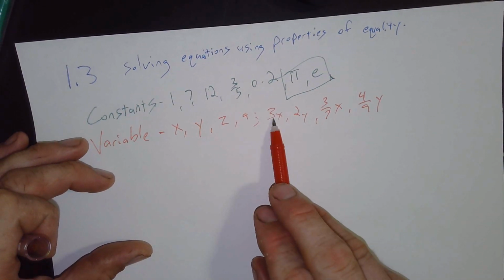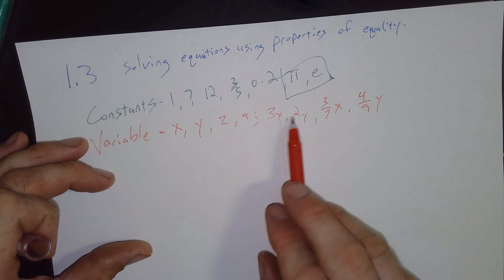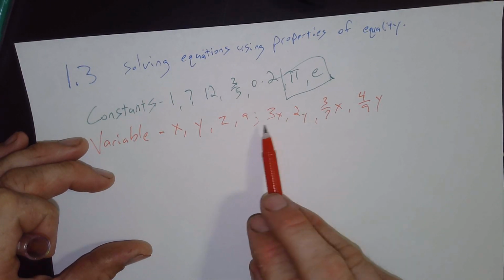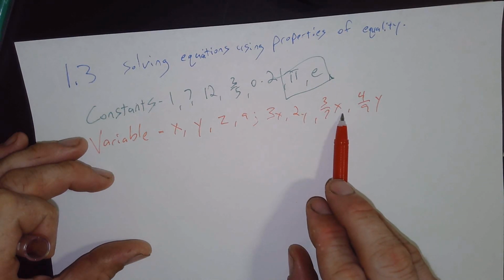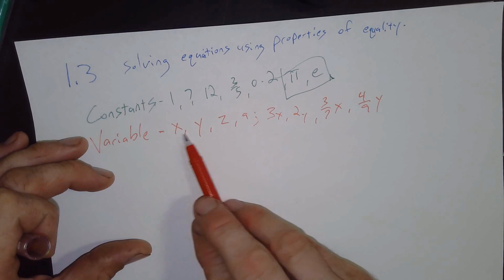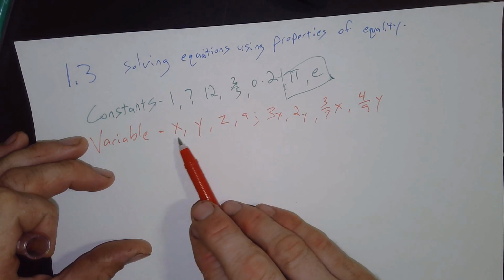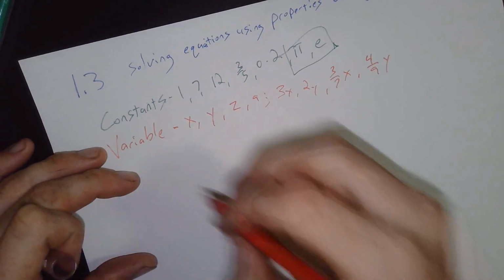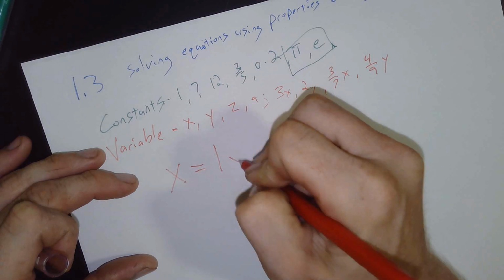The numbers in front of these variables belong to the numerator. The numerator here is 1, 1, 1. So x is the same as 1x.